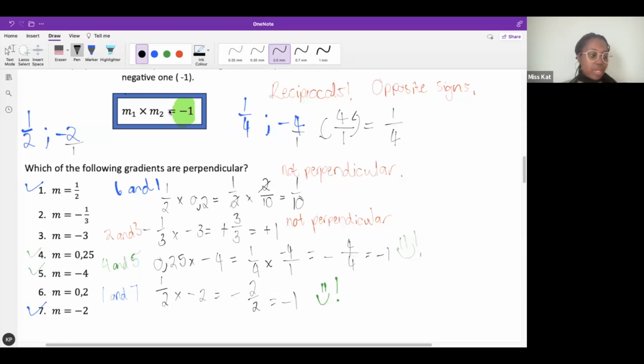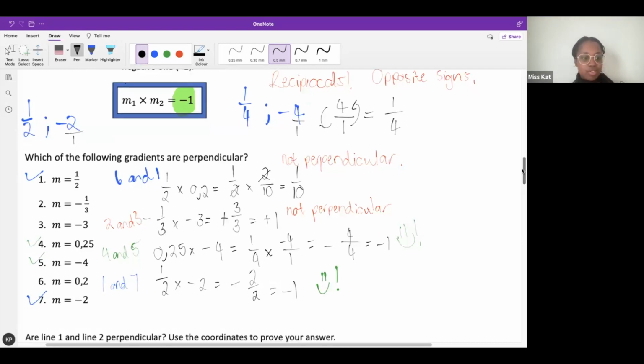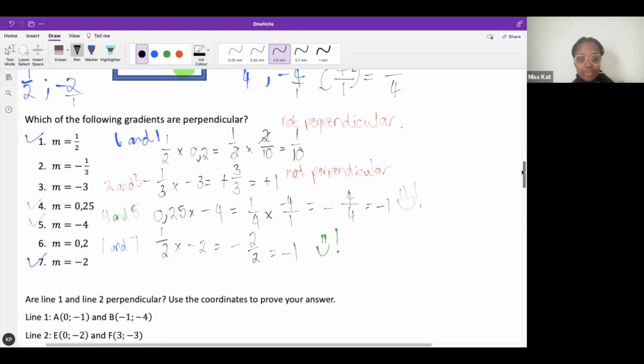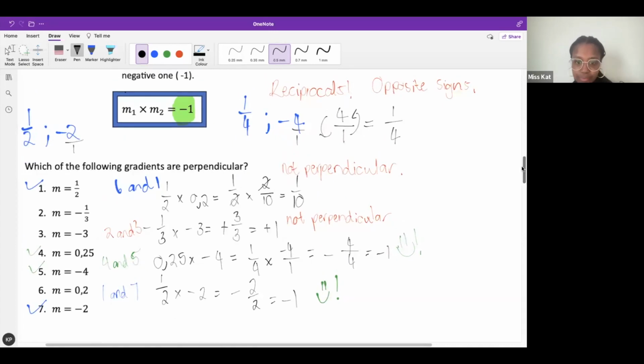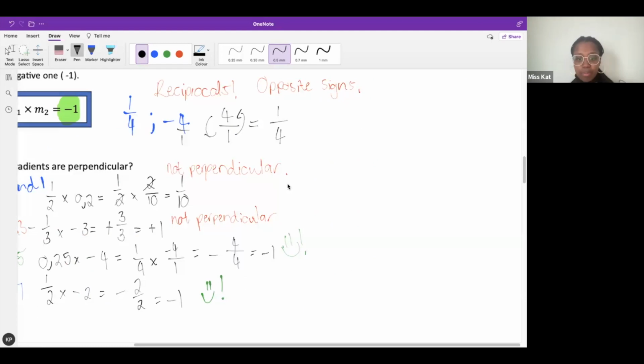Okay. So just to check that we understand this concept of reciprocals. To me, that would be the reciprocal, but they also have to have opposite signs, remember. Okay, let me explain it with different numbers. I have a gradient of 1/3.